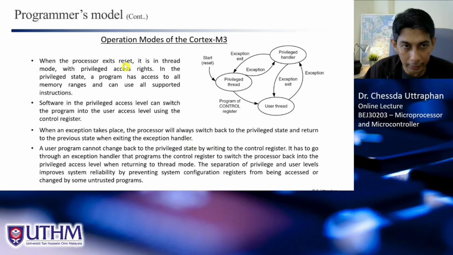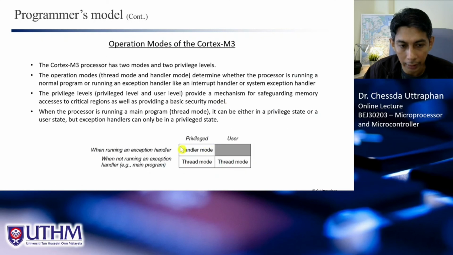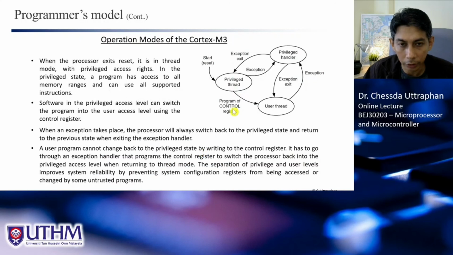And this is how the Cortex-M3 operates when we start. This is very familiar, just like a state diagram. When we start the microprocessor or press reset, it will go to privilege thread first, and privilege thread means it is running in handler mode.